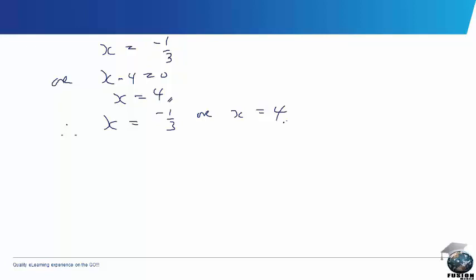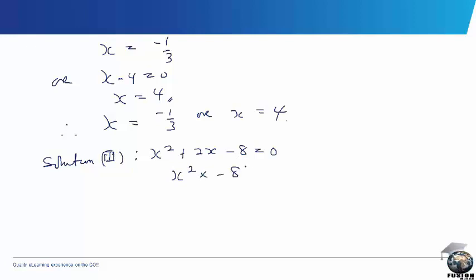Alright, for the last example we have solution 3. We have x squared plus 2x minus 8 is equal to 0. When you do the same multiplication, you have x squared times minus 8, which gives you minus 8x squared.